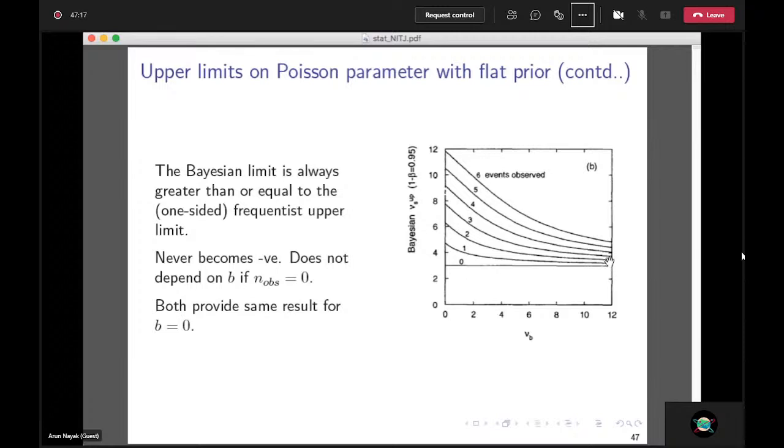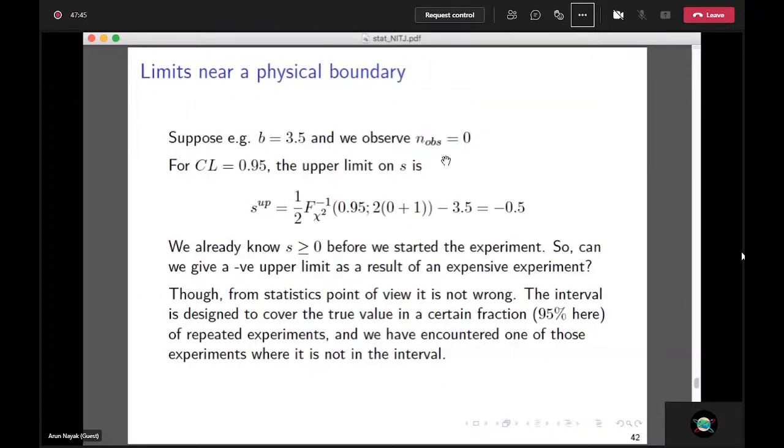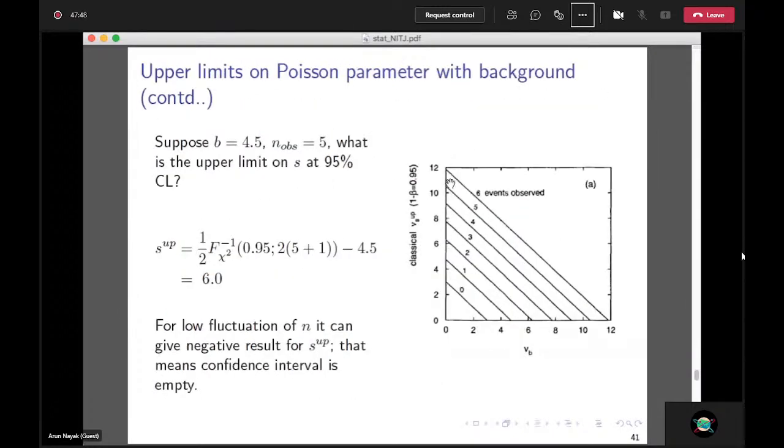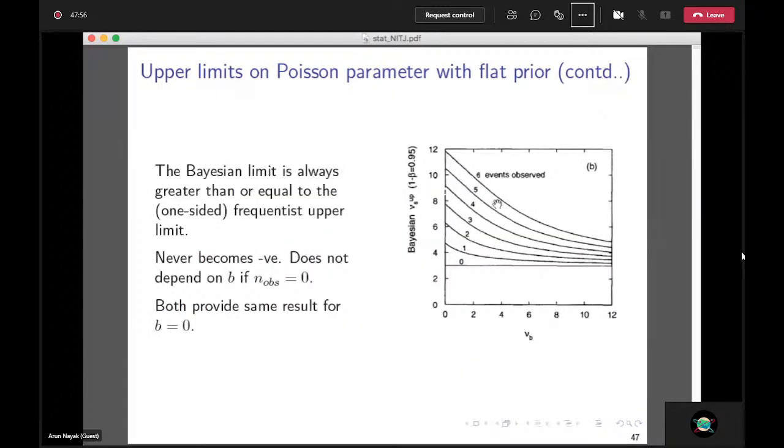You can see this line, the lower line. It is flat, so it is completely independent of B. And for all values of B, you get a positive upper limit on the signal. It matches exactly with the frequentist method only when B is 0. So you can compare this plot and this plot at that initial point, and they are the same. But as you saw, there you were going negative, while here all these limits are positive.